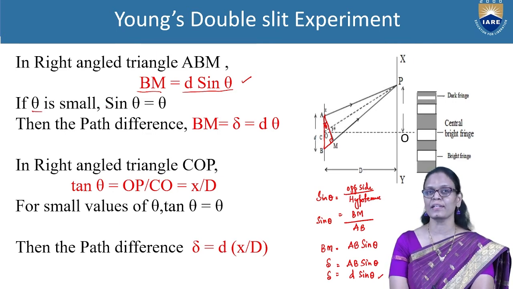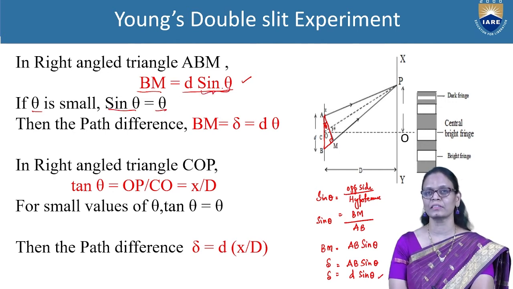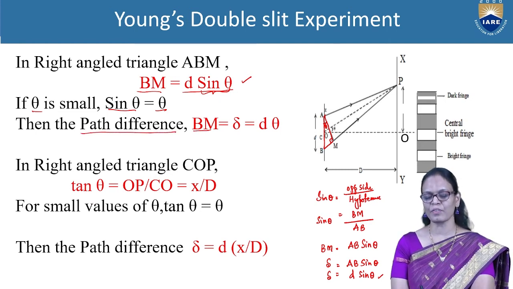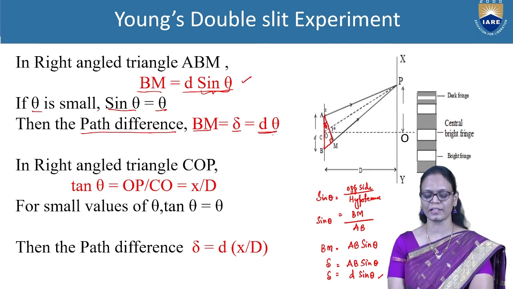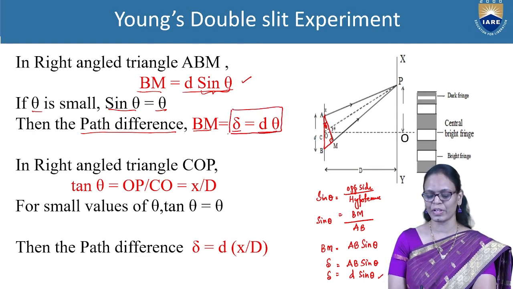If theta is small, sine theta is equal to theta. So we replace sine theta with theta. The path difference BM, delta, will be written as d theta, because theta is very small.